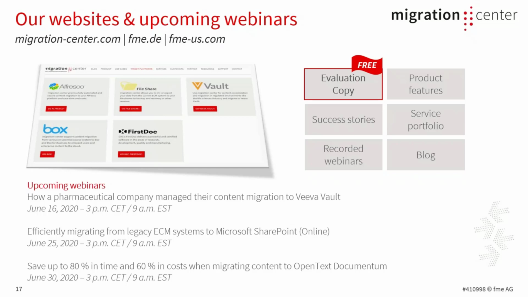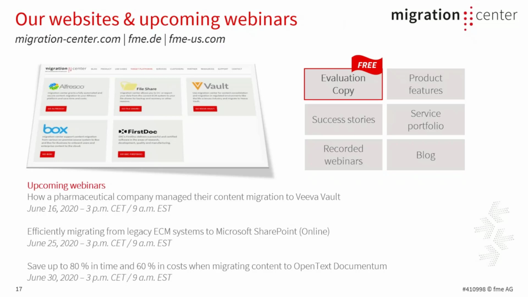We are almost at our Q&A session, but before that, let me give you a quick slide of information sources. We offer 3 different websites. 2 of them are for our company: fme.de for the German version, fme-us.com for the US American version, and mainly, and that's our focus, migration-center.com. That's the website for the product Florian and Cosmin just talked about.